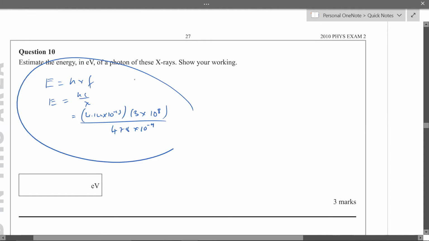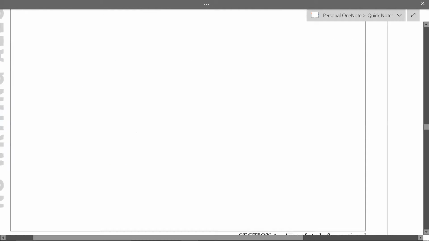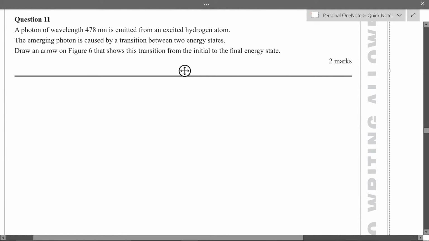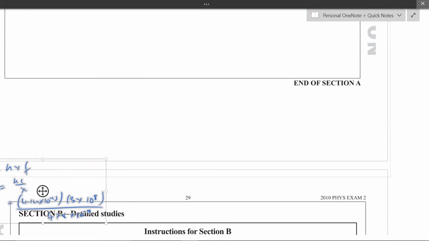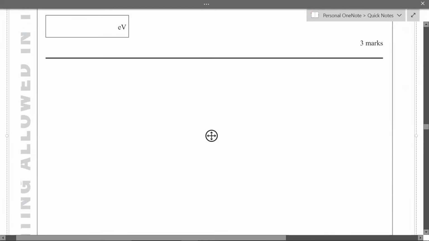Let me just move this. Cut. Oh, well, that didn't work. Anyways, I'll just redo this question because I was doing it wrong.